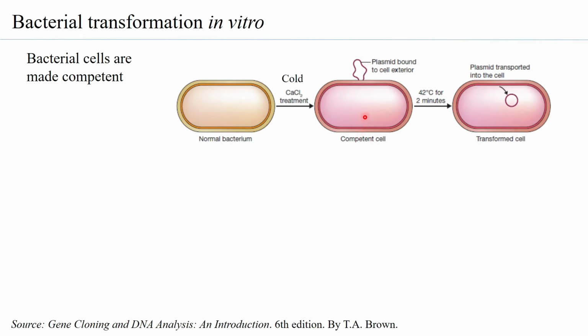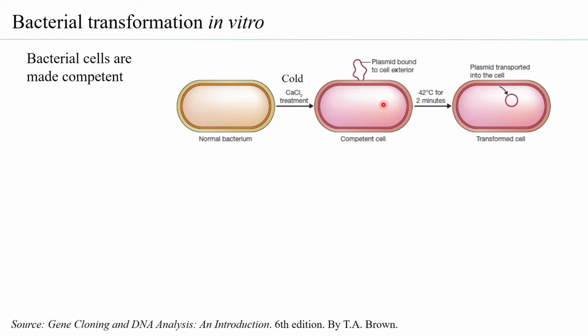So effectively, anchorage of the vector DNA to the surface of the bacteria is thanks to calcium chloride. However, calcium chloride is not able to translocate the plasmid DNA within the host cell. That is done by a process called heat shock.